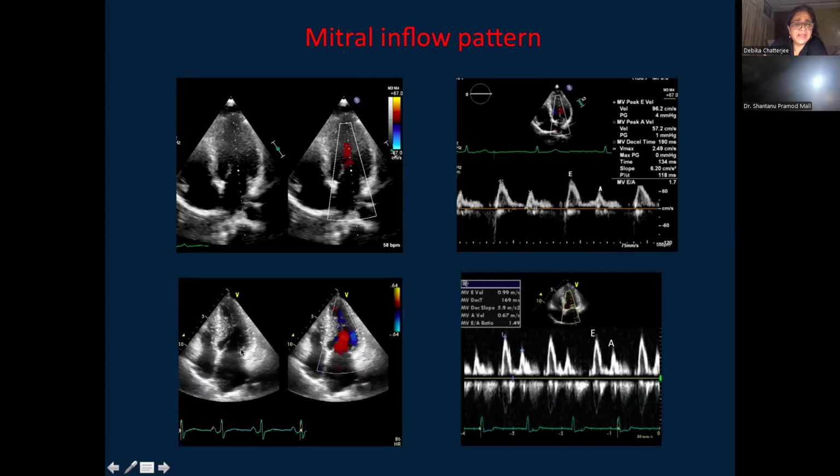Left atrium is enlarged. Here also we are getting E wave more than A wave. Now, which one is normal and which one is pseudo-normal? Well, obviously, this patient where LA is enlarged, myocardium is diseased, so this has to be abnormal, but it looks so similar to this pattern.